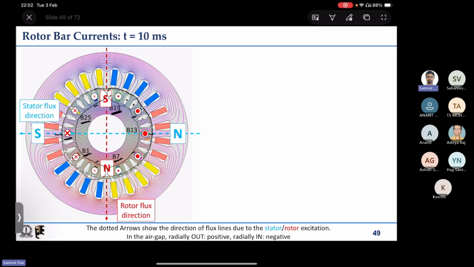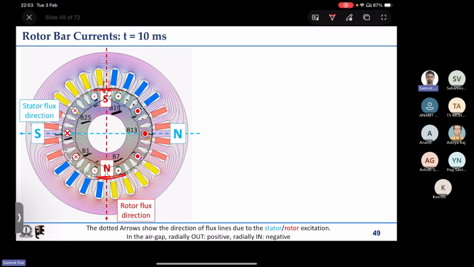So the rotor flux direction is downward, and at the downward surface of the rotor the flux lines are coming out of the surface. So this is the north pole, and on the top surface the flux lines go into the rotor, so there will be a south pole formation on the top side because of the rotor currents.